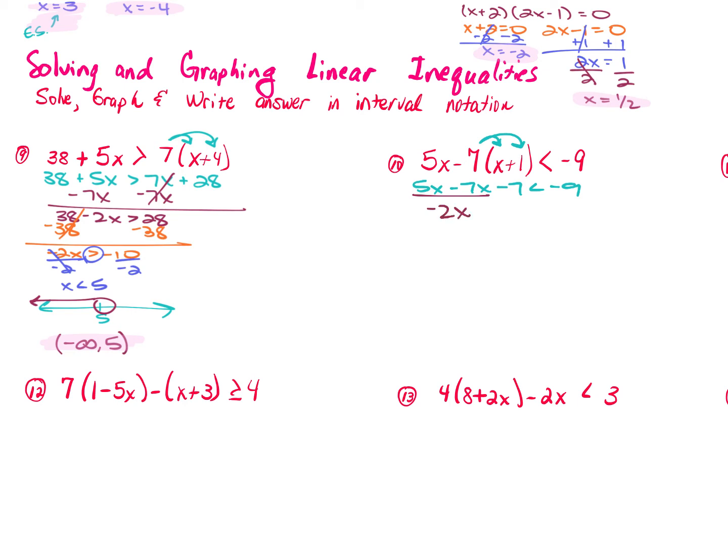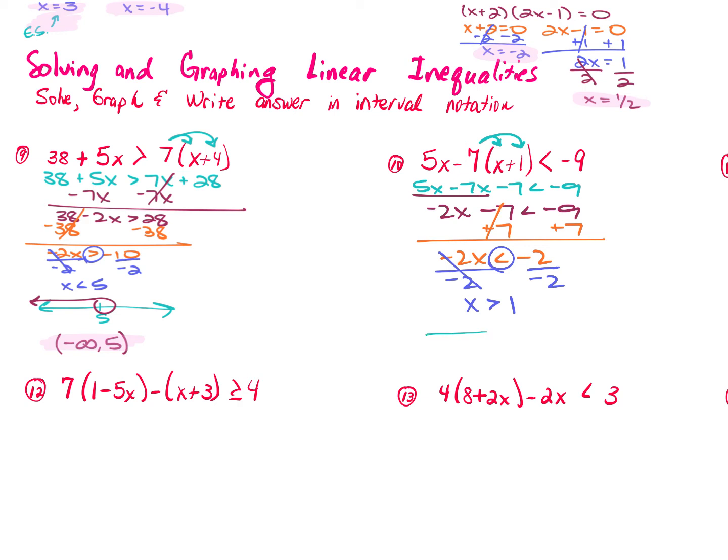So this is going to give you negative 2x minus 7 is less than negative 9. What do you do from here? So that's negative 2x is less than negative 2. Because you're dividing on both sides by a negative, you flip the sign. So x is greater than 1.